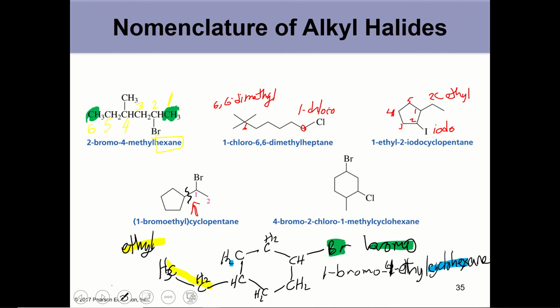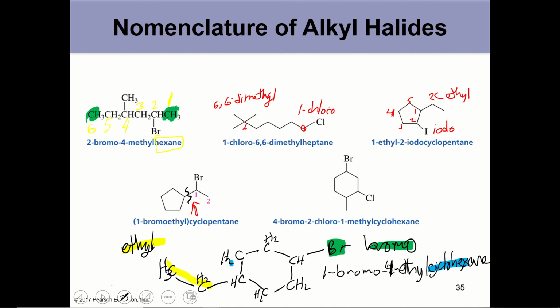In the example at the bottom left, we have a cyclic alkane as our longest chain of 5 carbons, and it has a branch. A branch is any carbon that is not a ring carbon. So the branch has a branch. It has a bromo on carbon 1 of the branch.